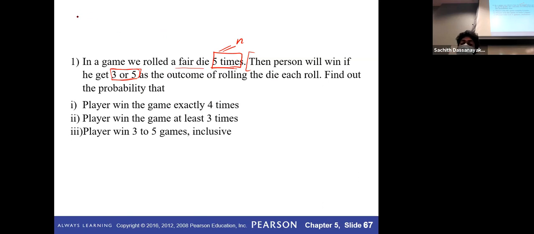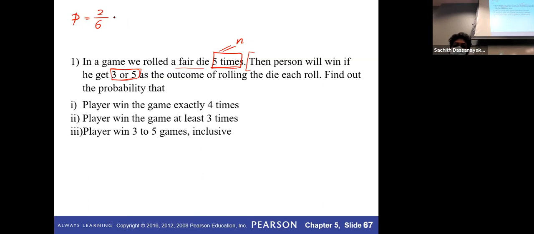So what is the success probability, simple P? How do we find the probability? The number of occurrences of that particular event divided by total outcomes. So how many possible outcomes for this particular event? 2, 3 or 5, right? So it is 2 out of how many? 6. I'm talking about just one trial. We find P, the success probability, based on one single trial.